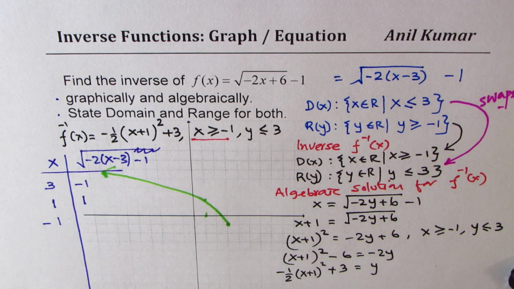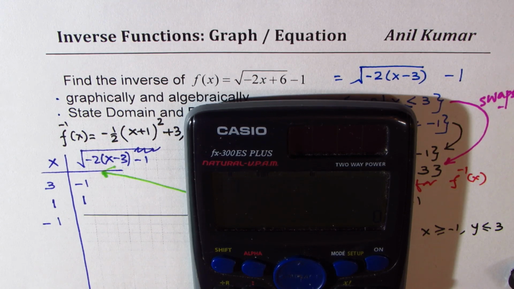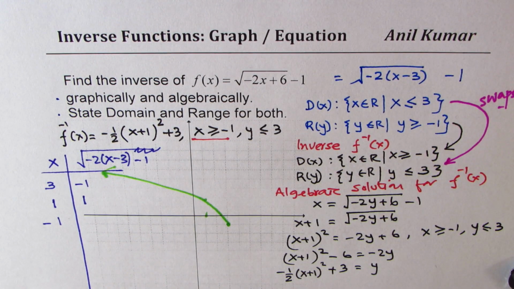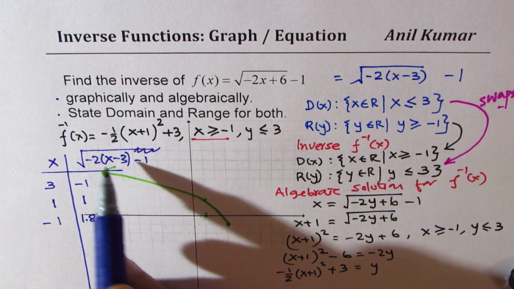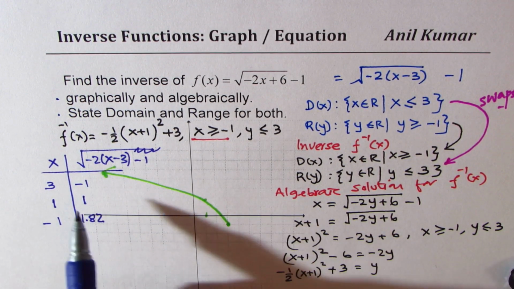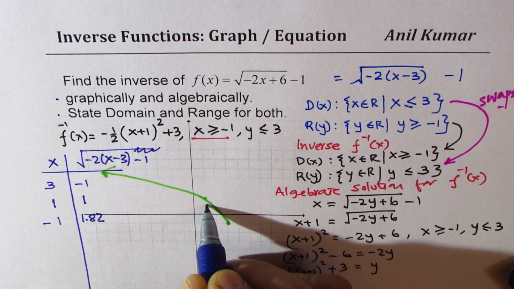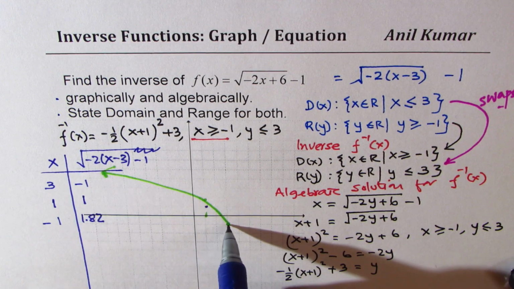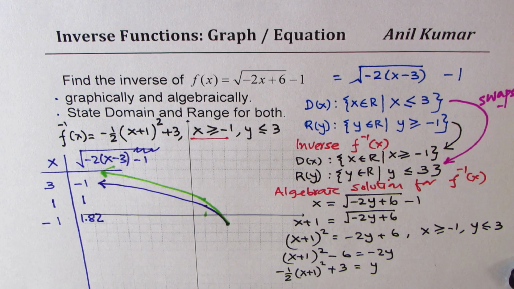Square root of 8 minus 1, we get 1.82, right? Similarly, we can get other values. So basically, at 1, 1 we have an invariant point. So that is 1, 1. So the graph is kind of like this. Okay? So this is the graph of our function.